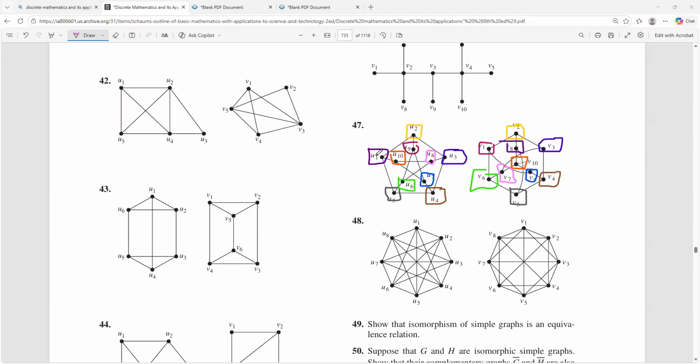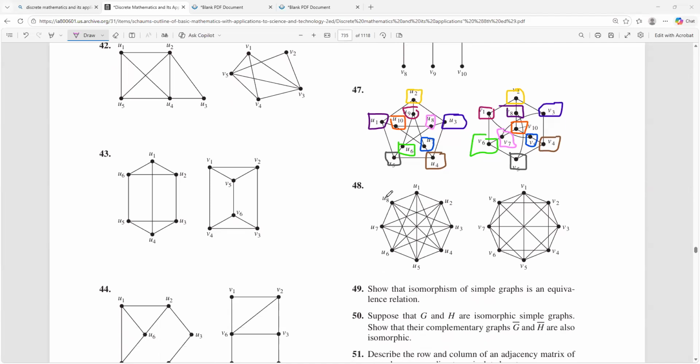For example, this purple one, U1, is next to yellow and gray. So that means whatever is purple has to be next to yellow and gray. If you do that along with other strategies, like making sure the degrees of each vertex you're mapping are the same, you'll see it ends up working out. Do you all still want me to do 48?